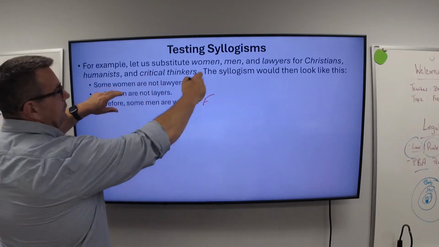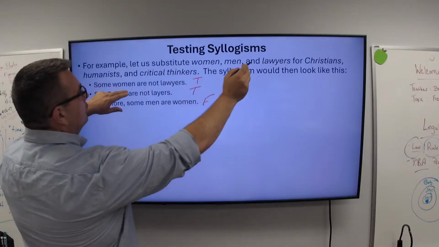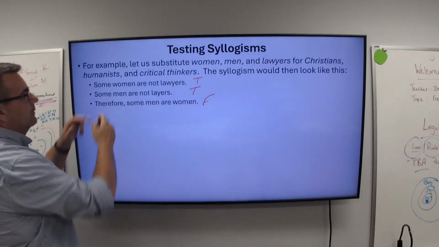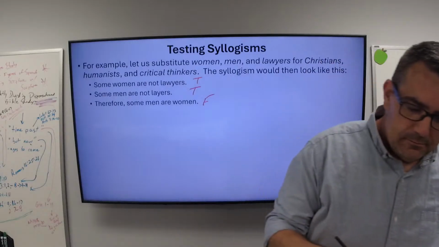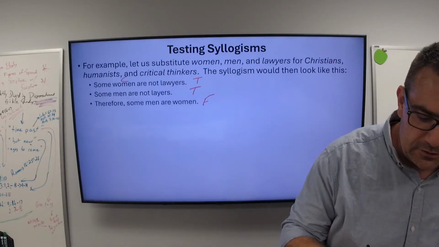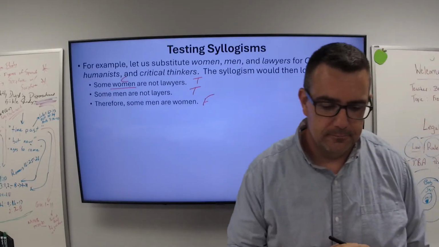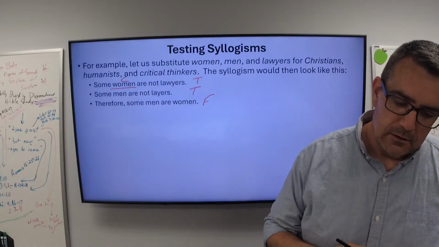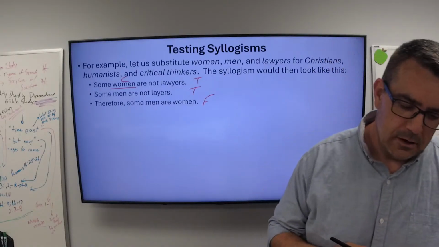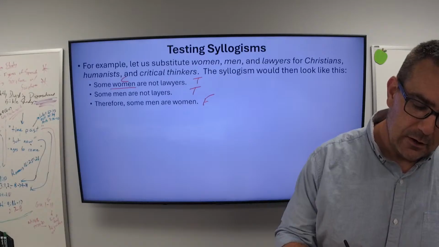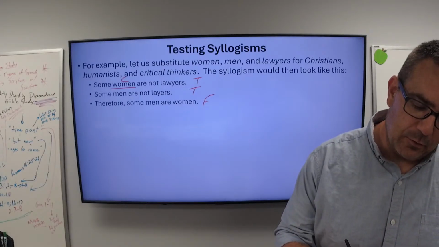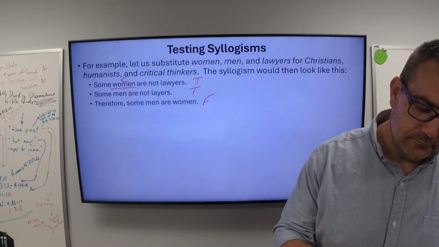We substituted out. Anytime we had Christians, we put in women. So this was originally Christians and we added in women. For humanists, we added in men.